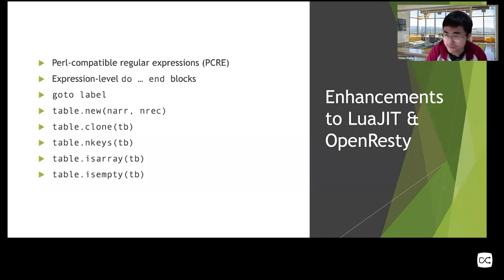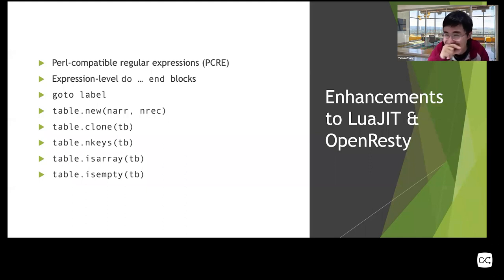Okay, and also we have a fast table clone primitive implemented in LuaJIT. It's a shallow copy, not a deep copy, because deep copy is too tricky. And the shallow copy is already sufficient for 99% of real-world use cases. Yeah, and also nkeys. It's much faster than, for example, the sharp operator, and the sharp operator also has some pitfalls, right?